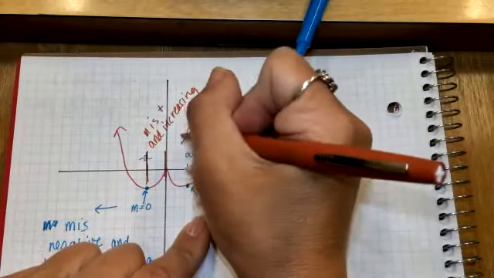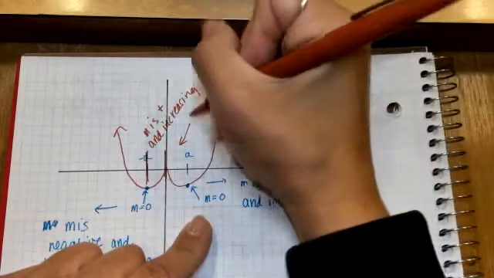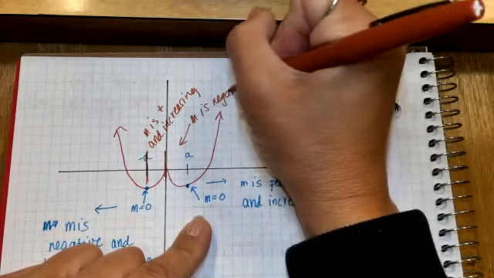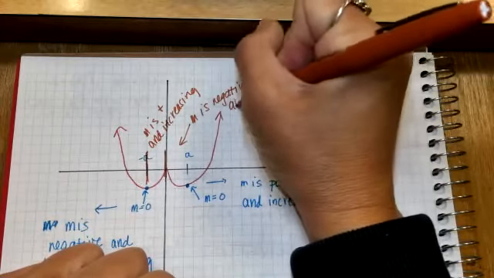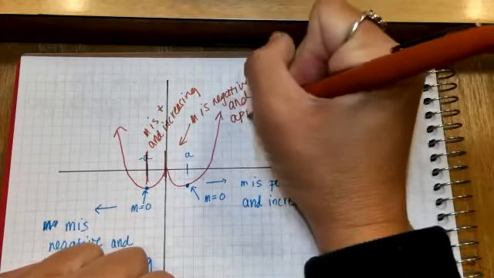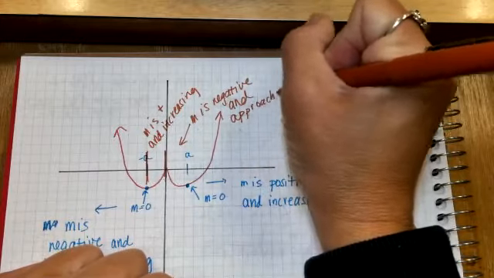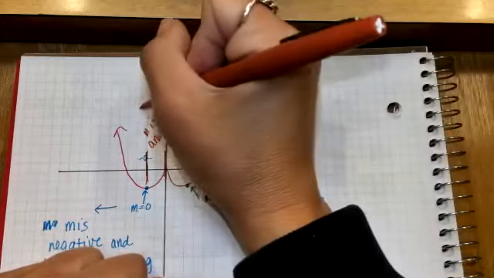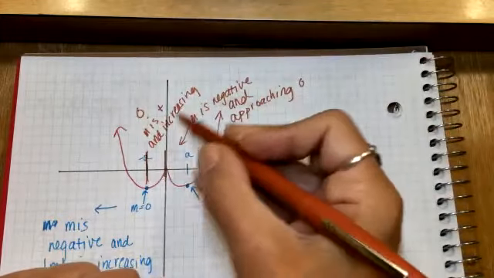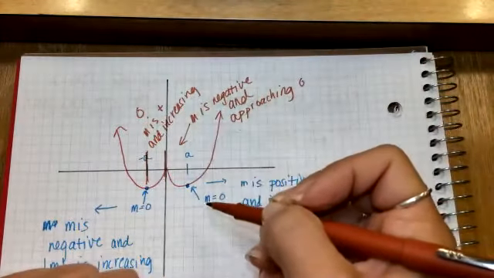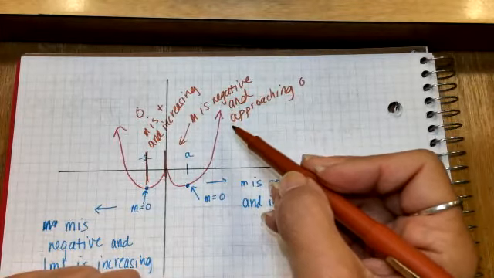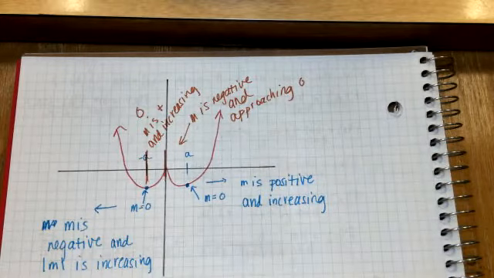So here, m is negative and approaching 0. So here it's 0, it's positive and increasing. Here it is negative and approaching 0. We can graph that.